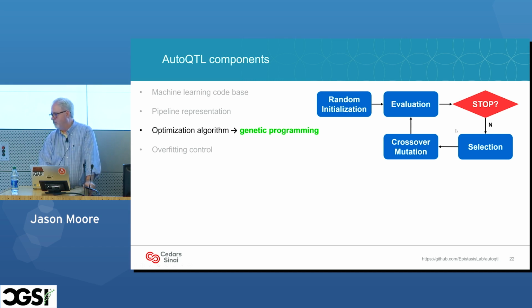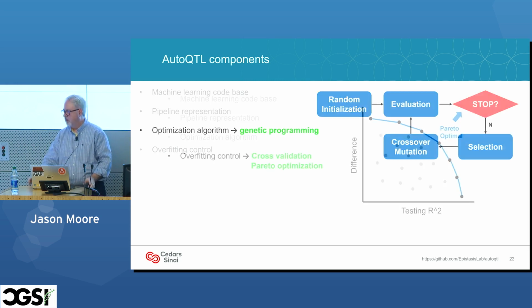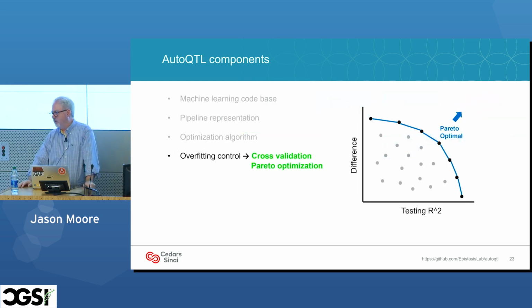We evaluate them. We select the best ones based on some criteria, and I'll show you what we do in a minute. Then we do this crossover mutation operator, which is basically just swapping different parts of the expression trees to generate new expression trees. And then you iterate through this variability, evaluation, selection algorithm until you reach some stopping criteria.